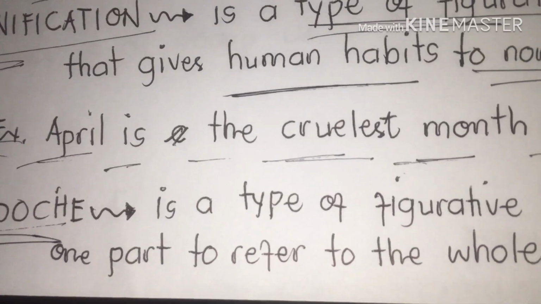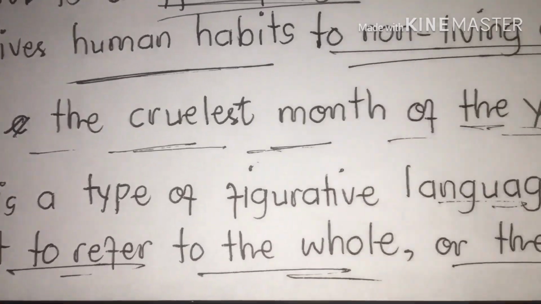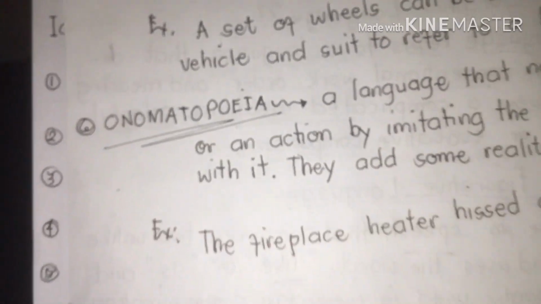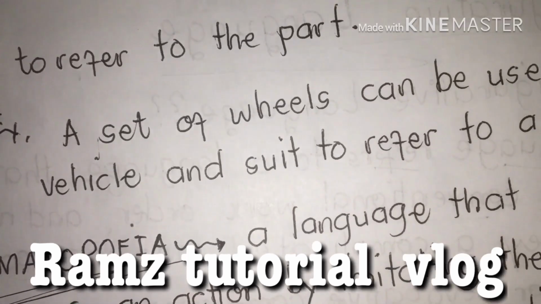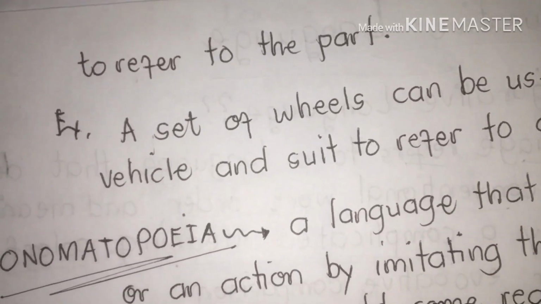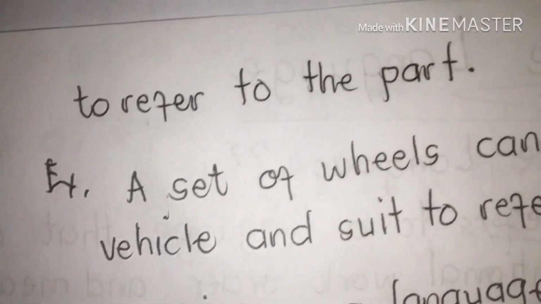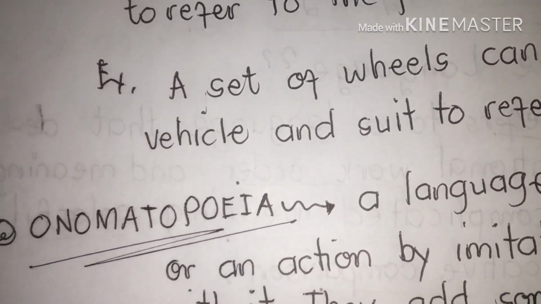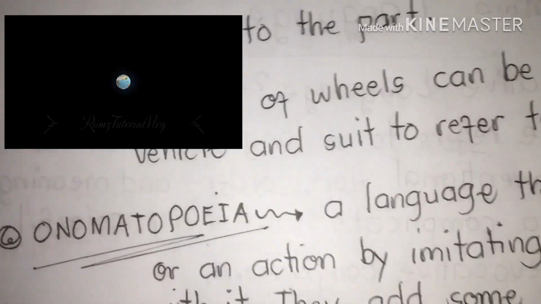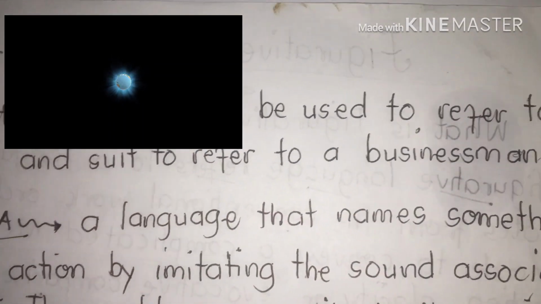Fifth, synecdoche is a type of figurative language. It uses one part to refer to the whole, or the whole to refer to a part. Again, an example of synecdoche is that a set of wheels can be used to refer to a vehicle.